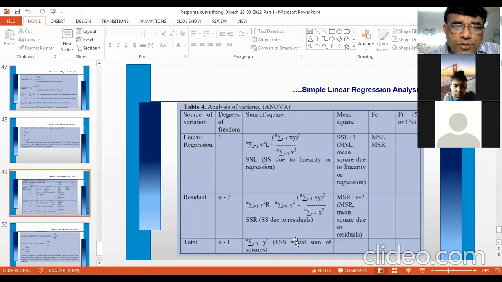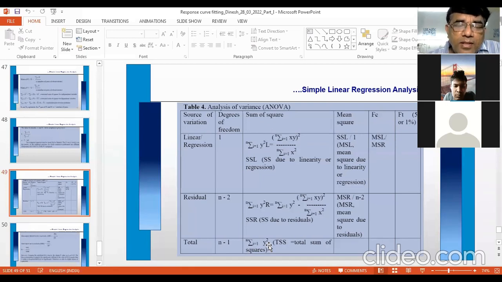See the last row for sum of squares, the total sum of squares. The total sum of squares is small summation y square. This summation y square is your deviation of y; you square those values and take the total. It will give you the total sum of squares, which you can calculate easily.